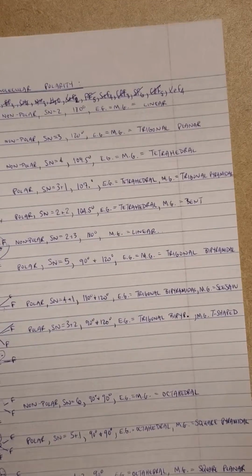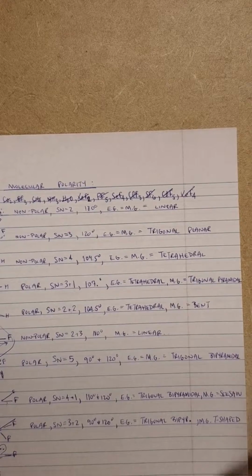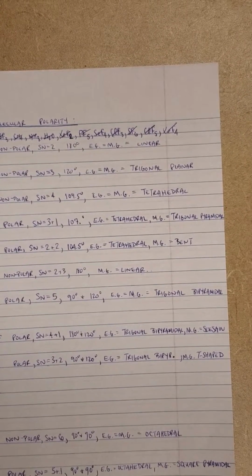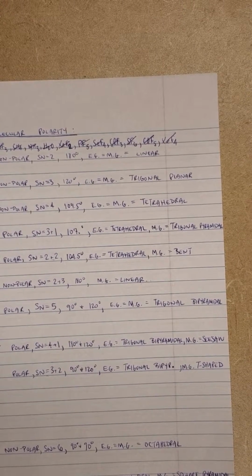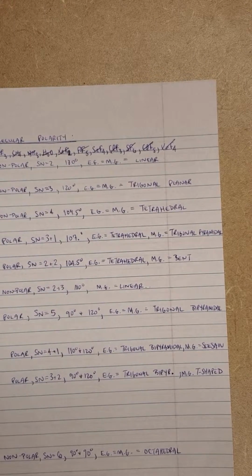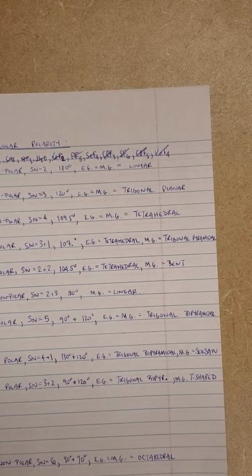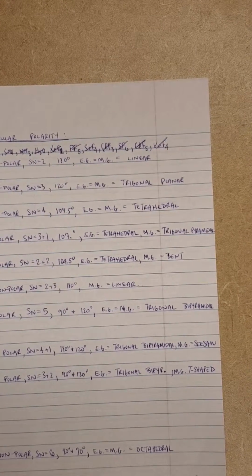Alright, and that is all of the molecular geometries that you will ever encounter. The electron geometry is largely dependent on the steric number of the molecule. However, the molecular geometry will change regardless of the steric number when there's lone pairs.